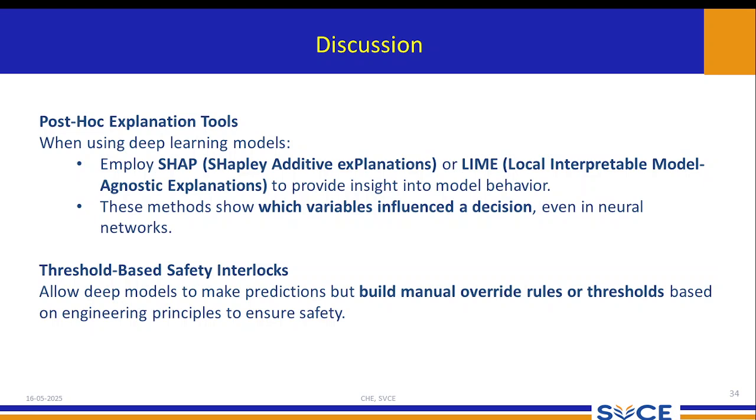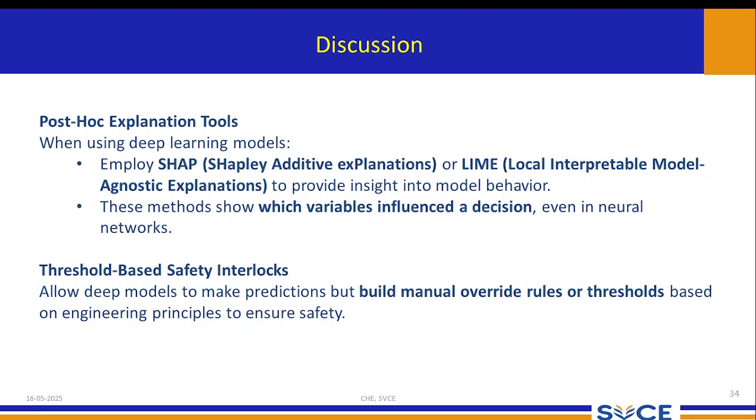In summary, LIME is a valuable tool for understanding and explaining the predictions of deep learning models, enabling users to gain insights into the model's decision making process and build trust in predictions. So, LIME is a powerful technique for explaining the prediction of any machine learning model, including deep learning models, in a locally faithful and interpretable way.